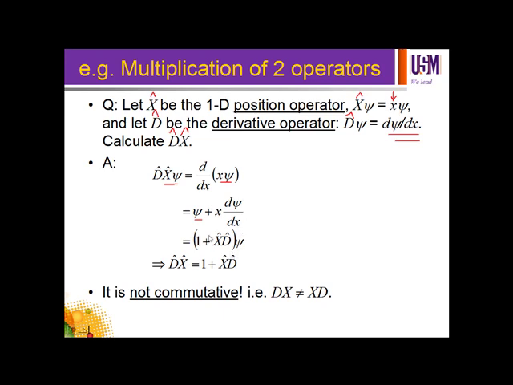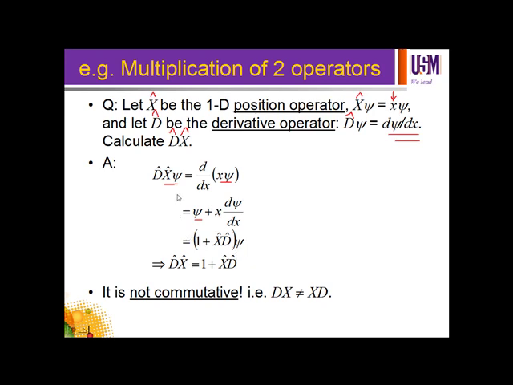Okay, if we bring out, you can see here that d psi per dx is actually the operator D, and small x is related to operator X. So you have 1 plus operator X operator D, the whole thing multiplied by psi.